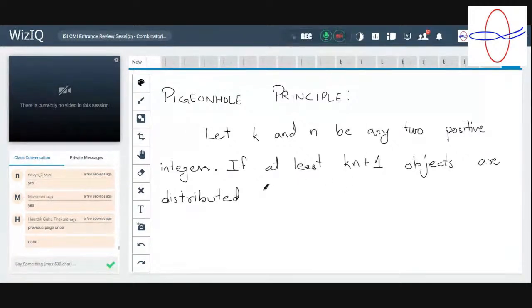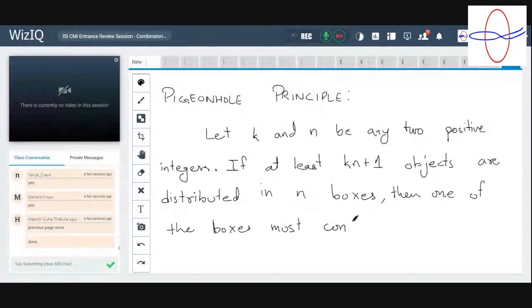Okay, are distributed in n boxes, and then one of the boxes must contain at least k plus 1 objects.